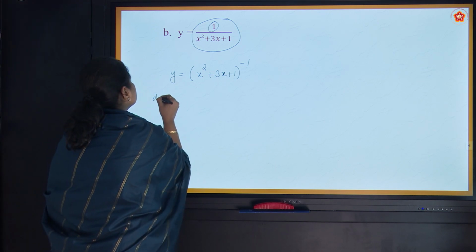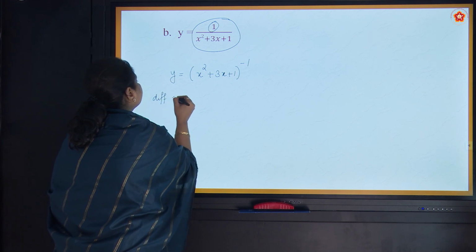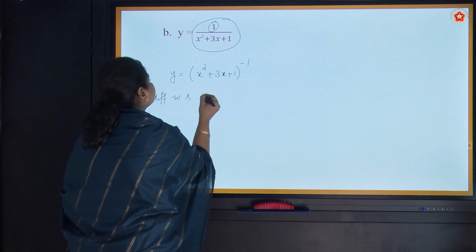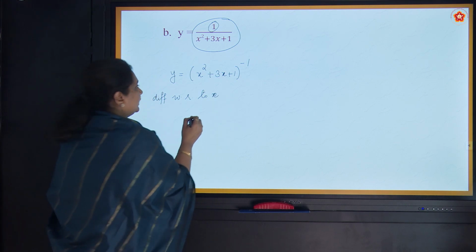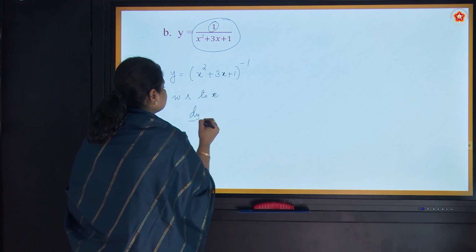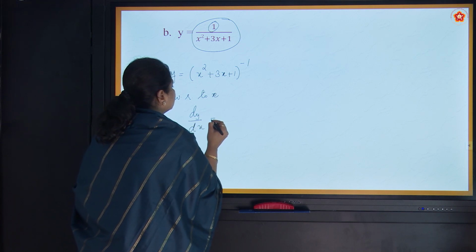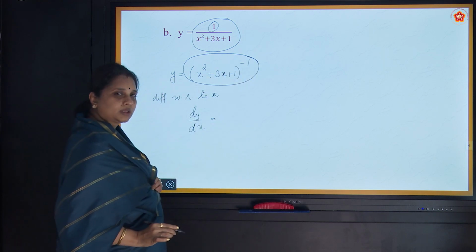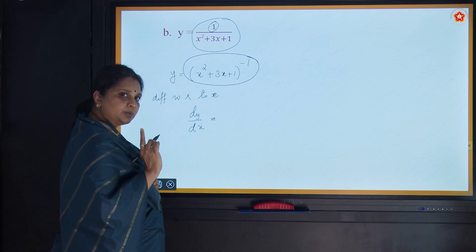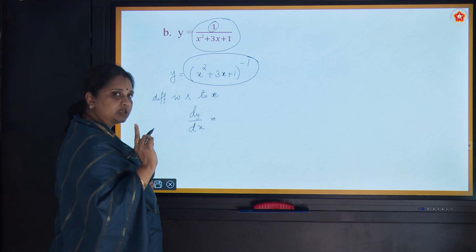So differentiating y with respect to x, we get dy by dx is equal to, so this is a power function. So let's first use that rule, the outermost function to be differentiated using the rule.